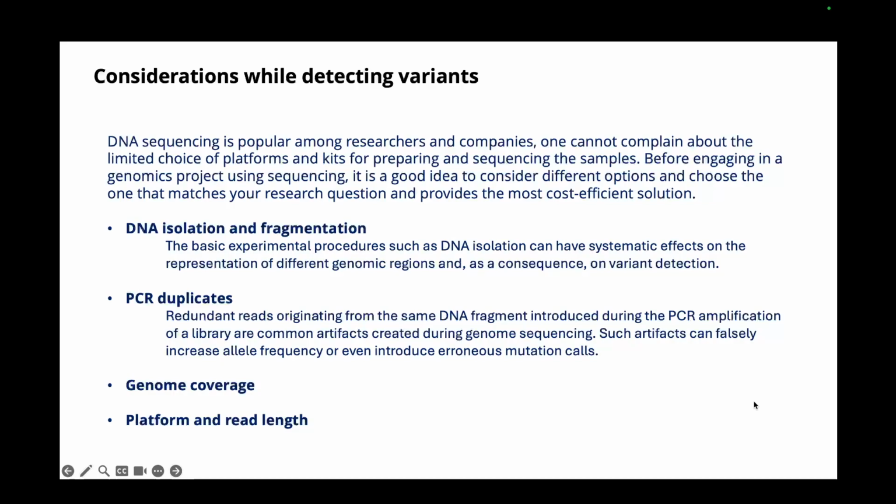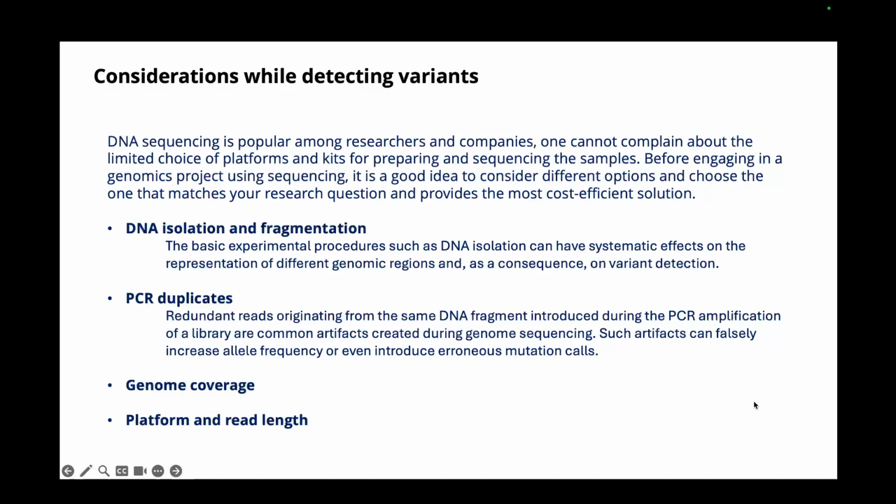Depending on how you isolate and break down the DNA while sequencing, it also matters when it comes to variant calling. We'll discuss these factors a little bit in the next slide.